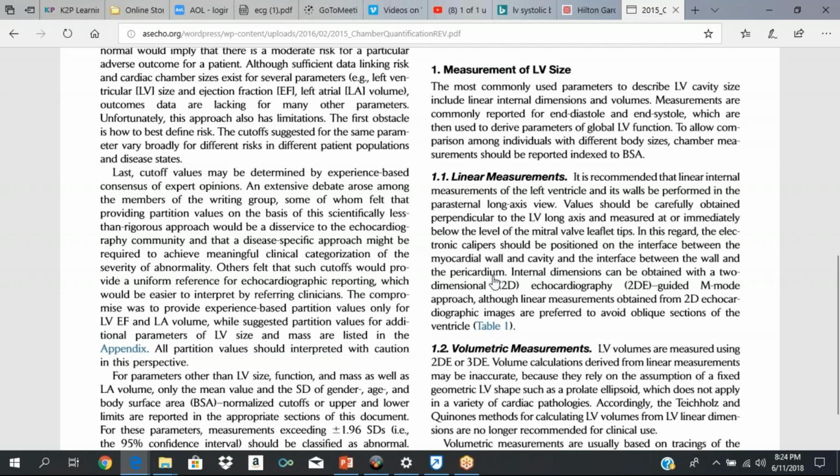You want to exclude cords. You don't want to include cords in your measurements. So it is from the tissue blood plane to the tissue blood plane. Okay, and then you get your LV cavity size in diastole, and the posterior wall is where you have your tissue blood plane to the pericardium. Tissue blood plane just means from the blood to where the myocardial wall is.